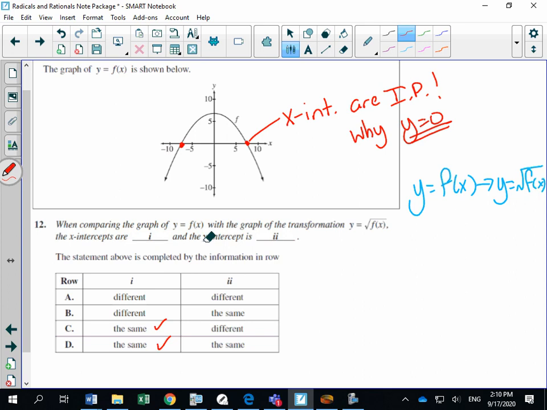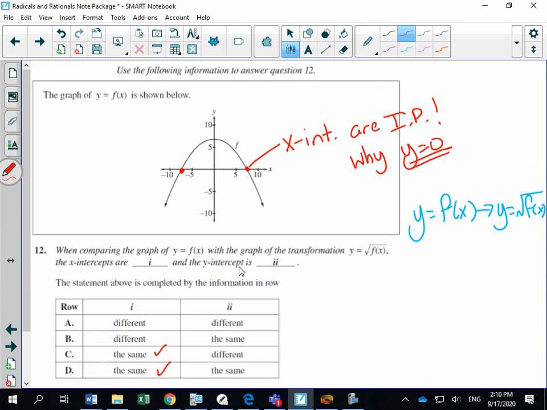Now we have to look at the y-intercepts. So the y-intercept of the graph. Okay, so this graph here, here's the y-intercept, and let's just say that that graph has a y-intercept of x is 0 and y is 6. So 0, 6. Well, what will that point be on the transform graph? It would be 0 and the square root of 6.